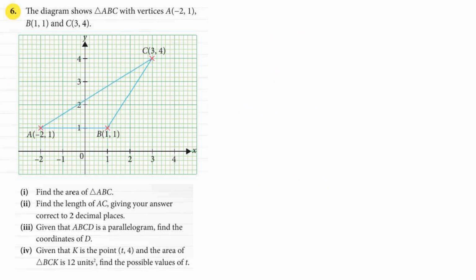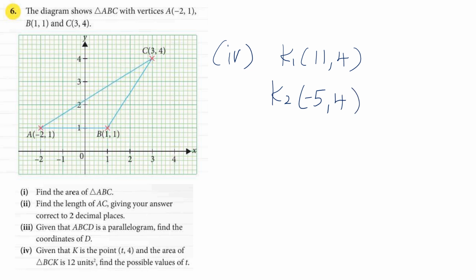Right, so back to this question. I've managed to find the coordinates of K at the two different positions, right? I found K1 to be 11, 4, and I found K2 to be negative 5, 4. But have I answered the question asked?